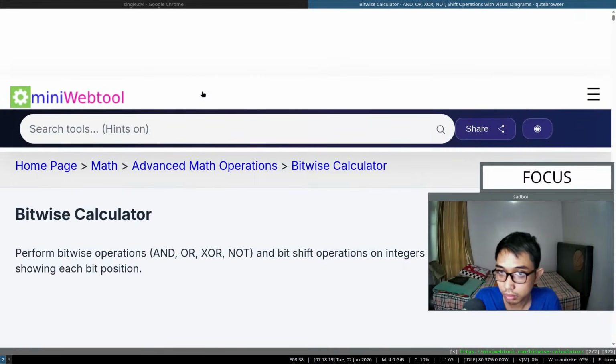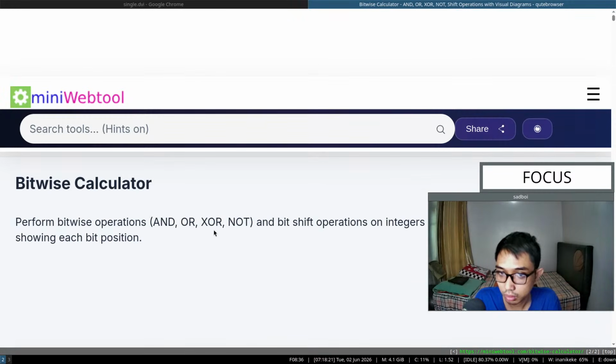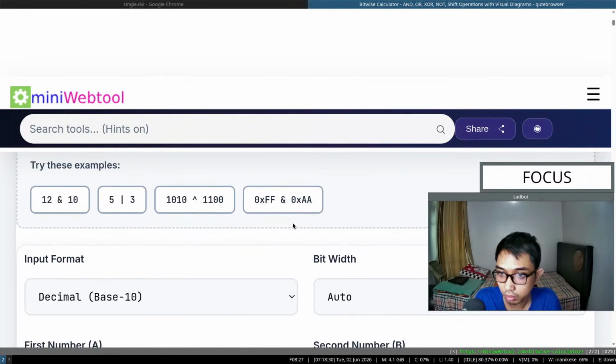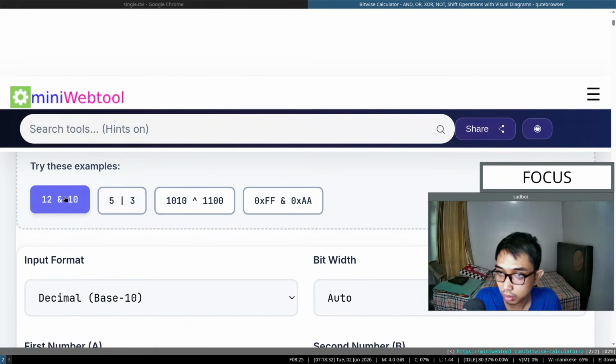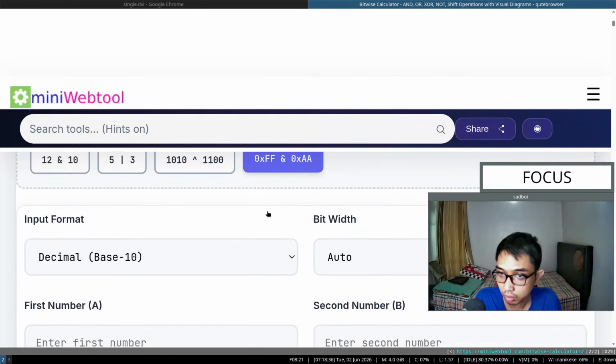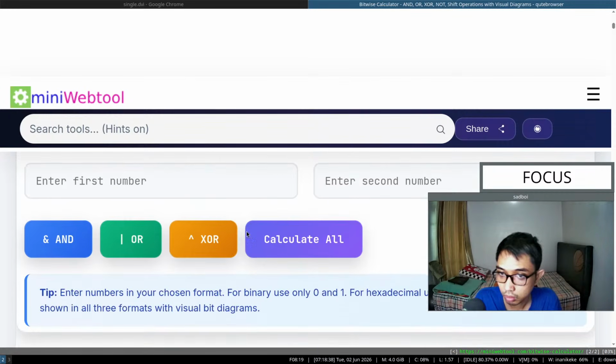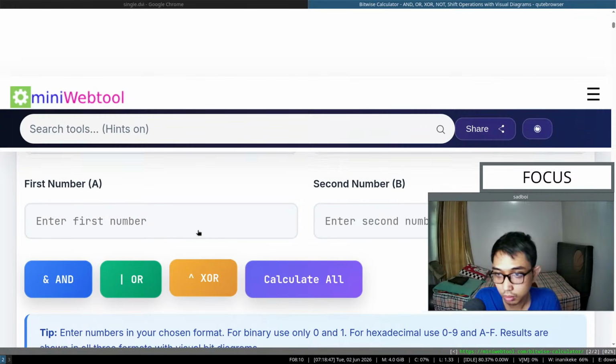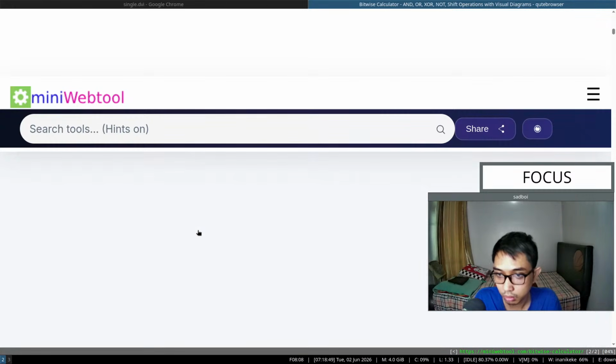Oh, and not, XOR and not. Okay. Oh, XOR is exclusive OR. And then how to do that?